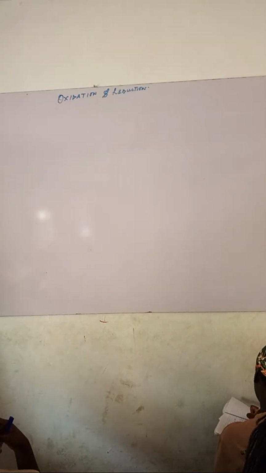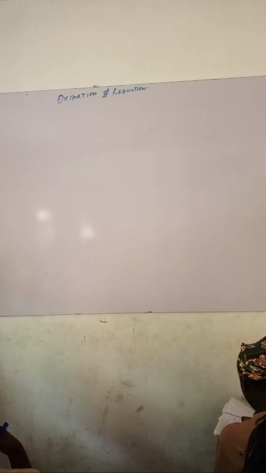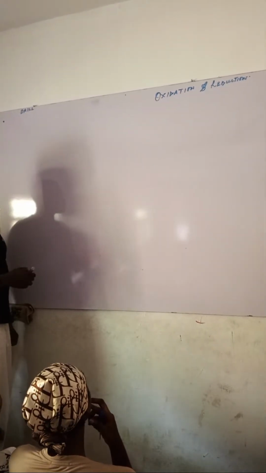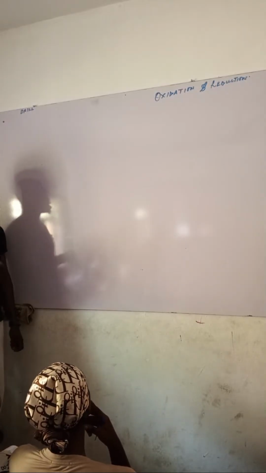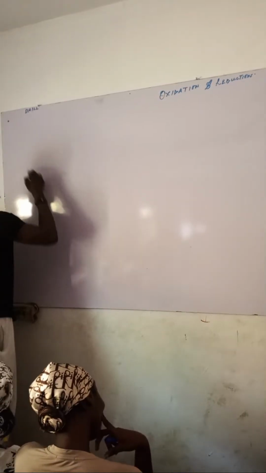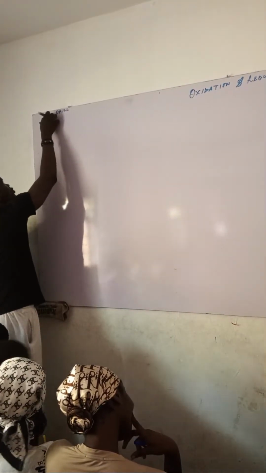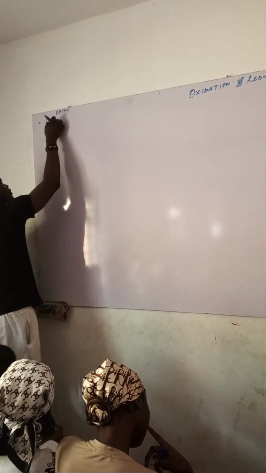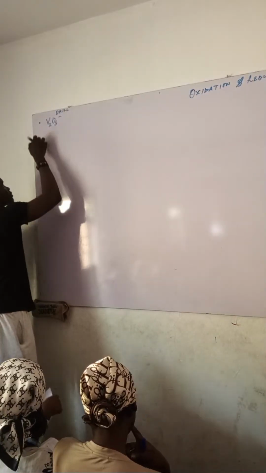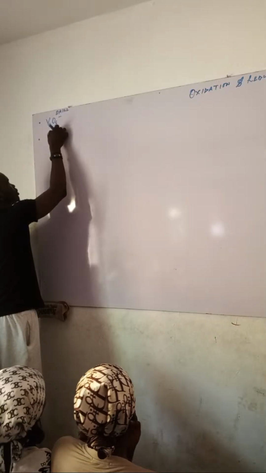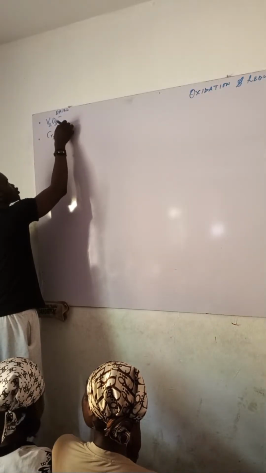Question 1. Determine the oxidation number of the following underlined elements. Let's just do it this way. Number 1: V2O5 minus. Number 2: Cr2O7 2 minus.